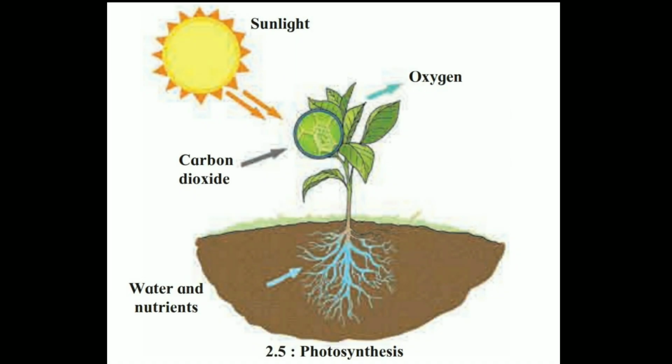Now look at this picture. Do you know what is the food of the plants? Here, in this picture, a plant is absorbing the sunlight. The roots are absorbing the water. Leaves are absorbing the carbon dioxide from the surroundings.